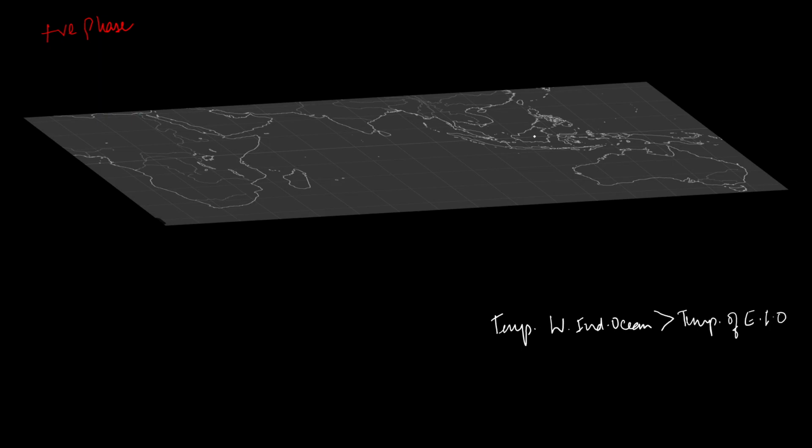Once these easterly winds develop, then they will bring the warmer waters near the coast of Africa. And this warm water which is piling up over here leads to extensive evaporation in this zone.